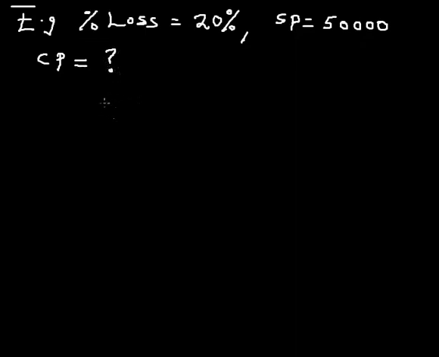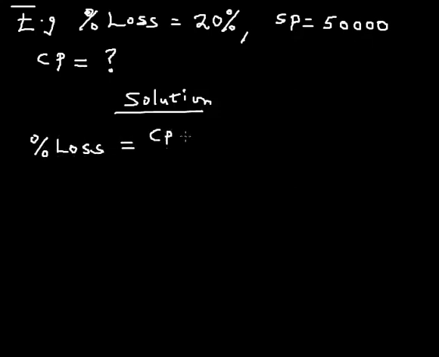All right, simple solution. In this case, we're not looking for percentage loss, we are looking for the cost price. The formula still holds. We'll still use the percentage loss formula. Percentage loss is cost price minus the selling price, divided by the cost price, then times 100.